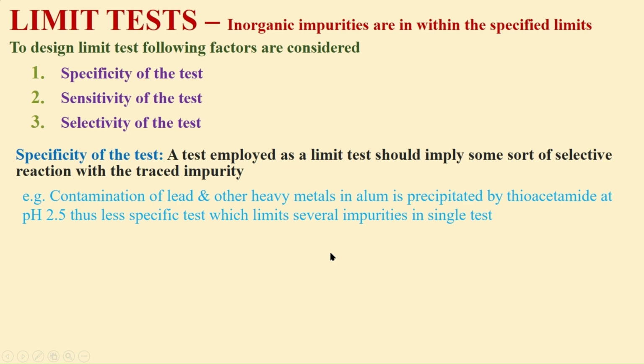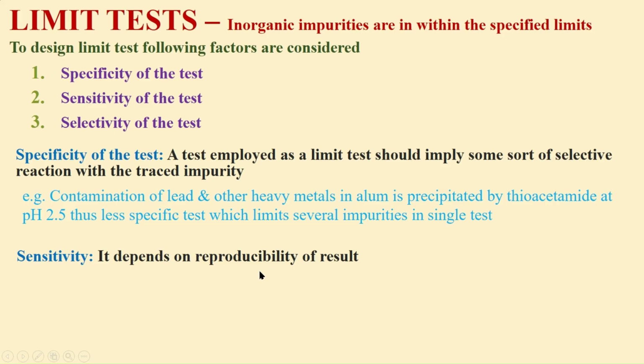What does sensitivity indicate? Sensitivity indicates that if the impurity is present in microgram quantities, it produces a coloration or precipitate. If it is present in picogram quantities, which is very little, then the reaction is weak and it may not give visible results, and it cannot give reproducible results.